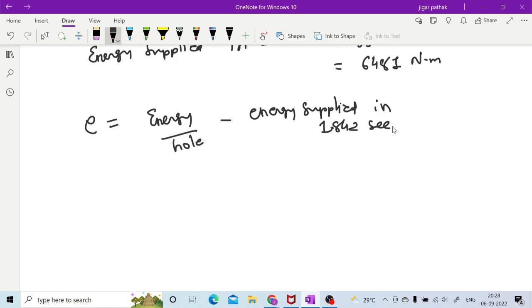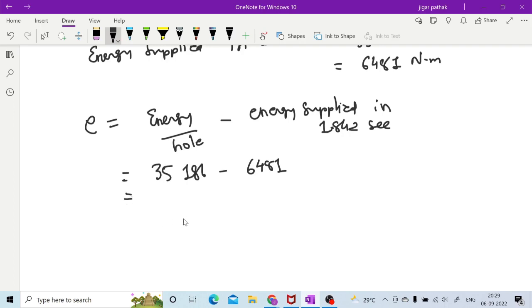So once we have that, we can know the energy supplied by the flywheel, because energy originally provided is 6481 only, while energy required is 35186, as we have already seen earlier. So from this 35186, only this 6481 is the amount of energy provided.